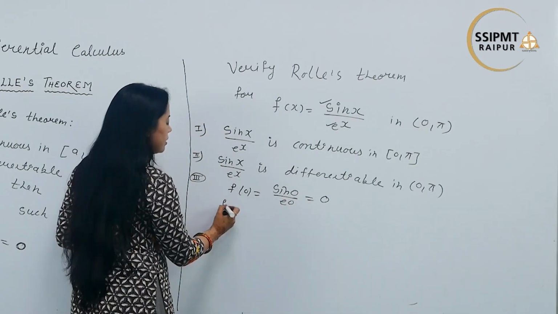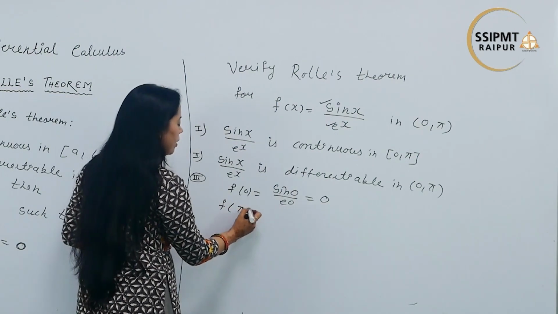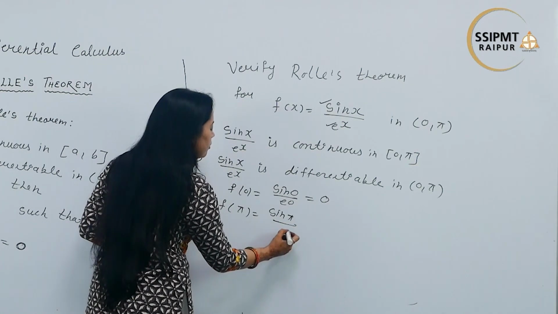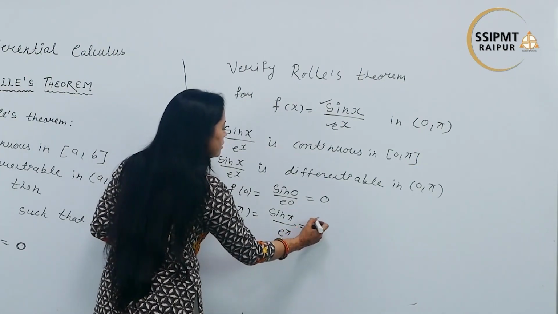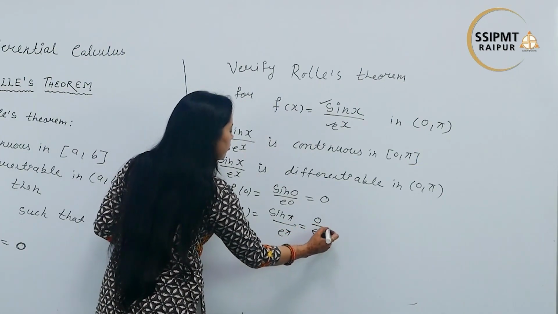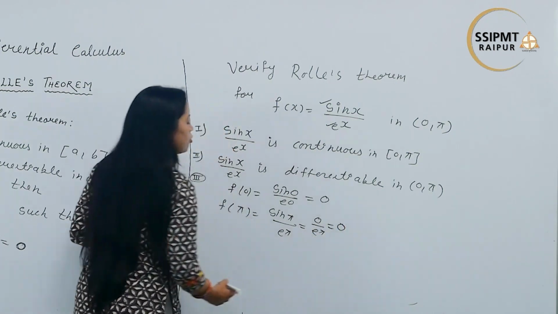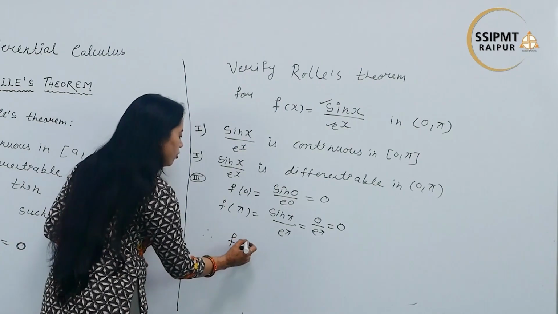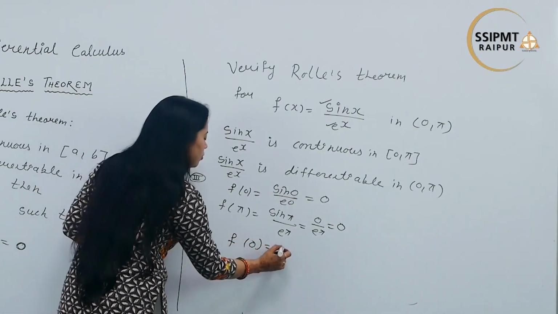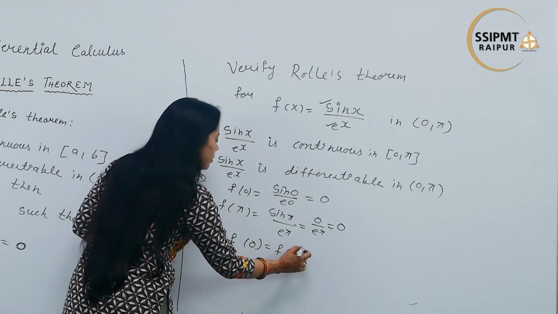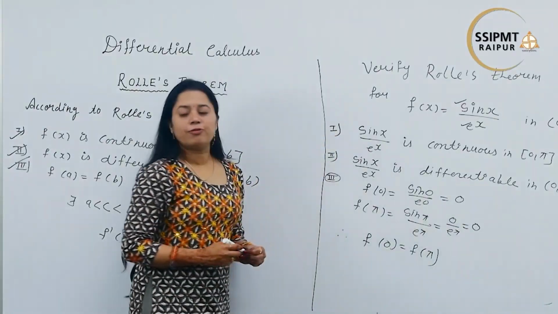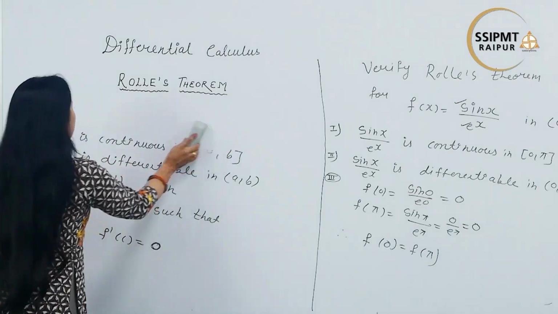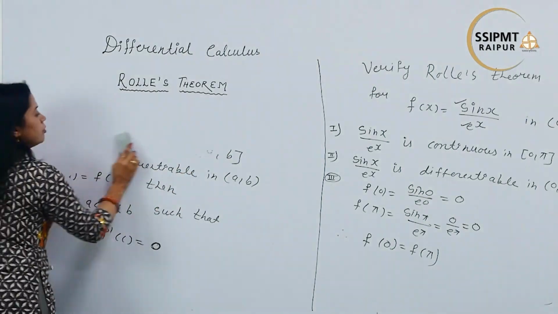And we can see that f(pi) is sin pi upon e to the power pi, which is 0 upon e to the power pi, which is also 0. Hence, we can see that f(0) is equal to f(pi). Therefore, we can apply Rolle's theorem to this function.